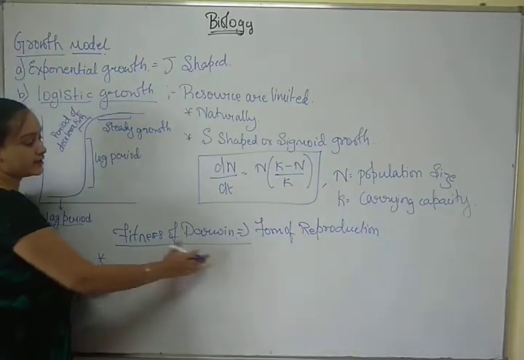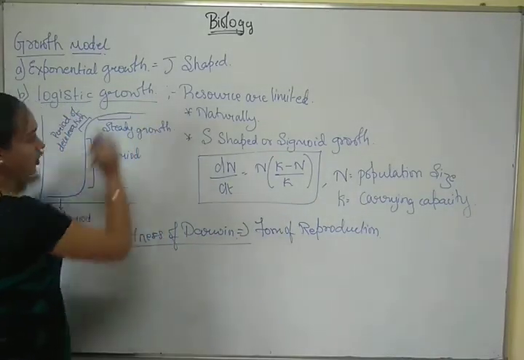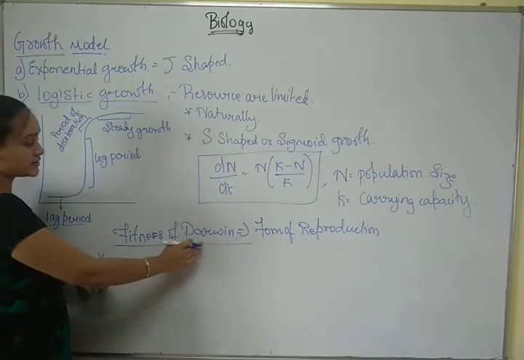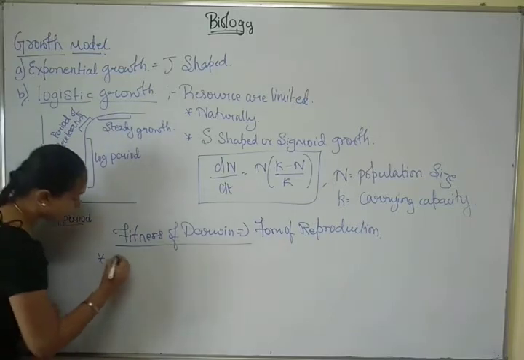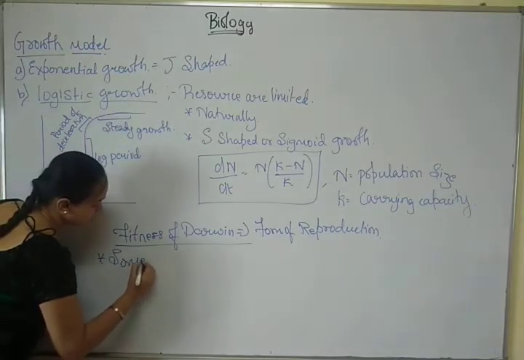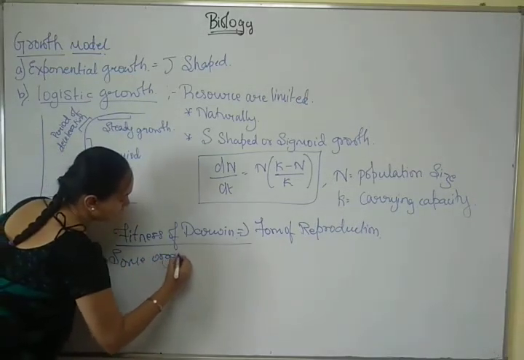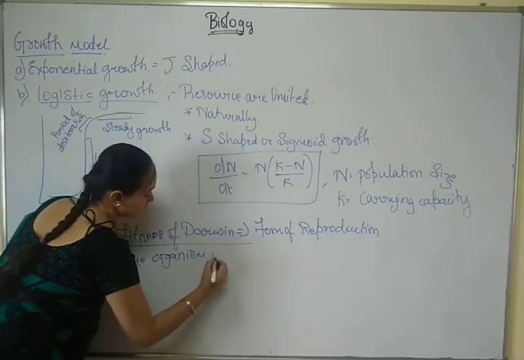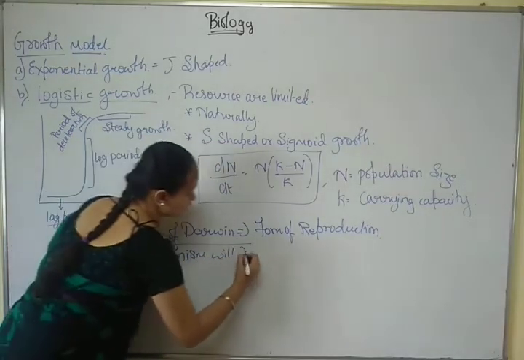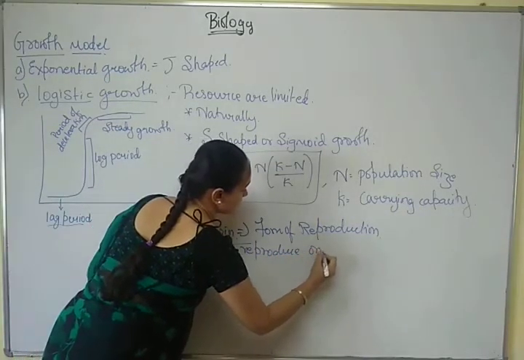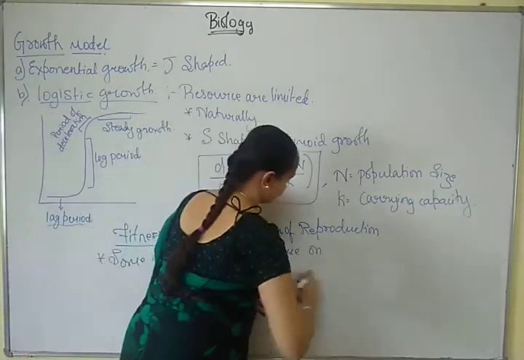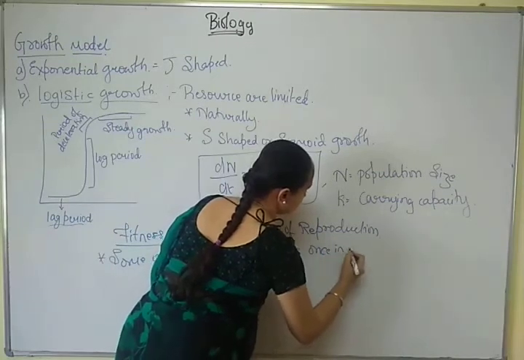Even the fitness of Darwin comes under logistic growth, and the features presented as fitness of Darwin are as follows. Some organisms reproduce only once in a lifetime. The first point here is that some organisms reproduce once in a lifetime.